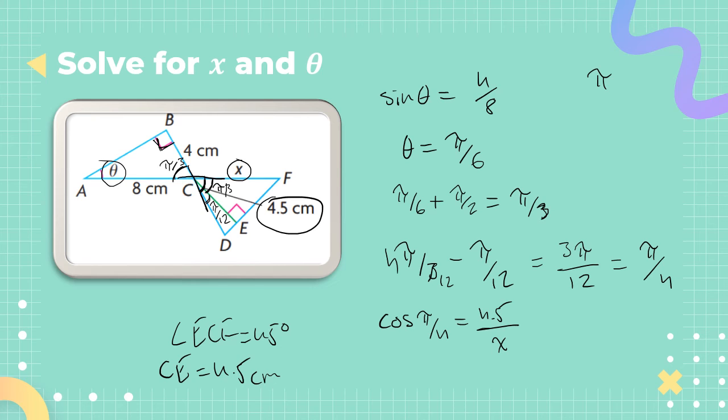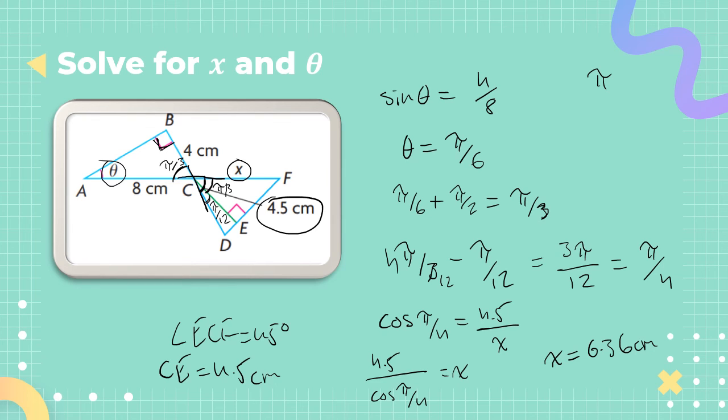Now to solve this, we bring 4.5 to the other side, and that means that 4.5 over cosine pi over 4 is equal to X. Hence, X will be equal to, so let's calculate this, we get approximately 6.36, so 6.36 centimeters.